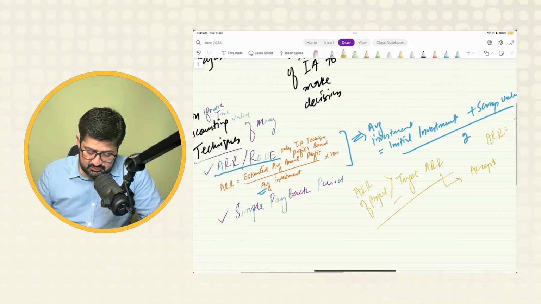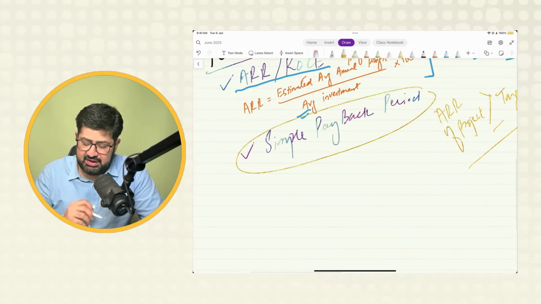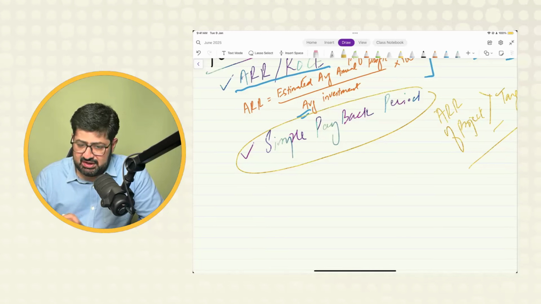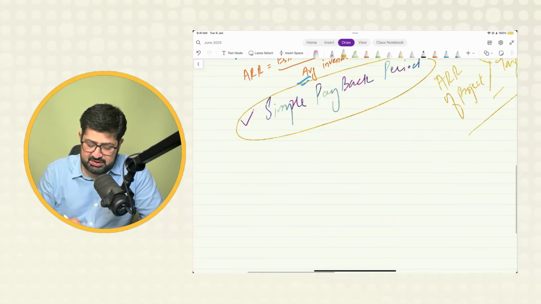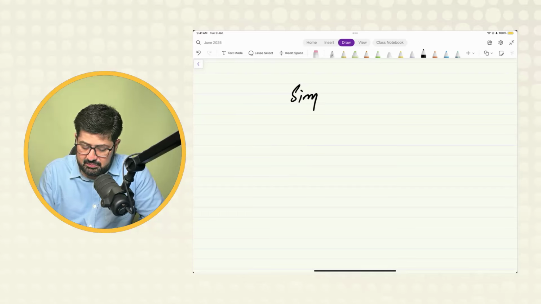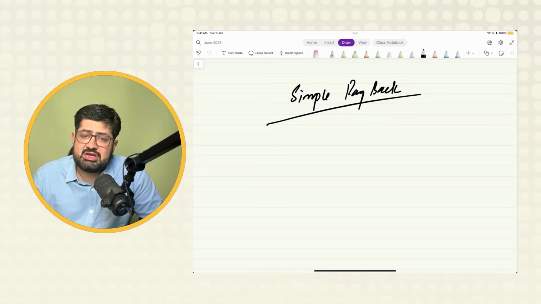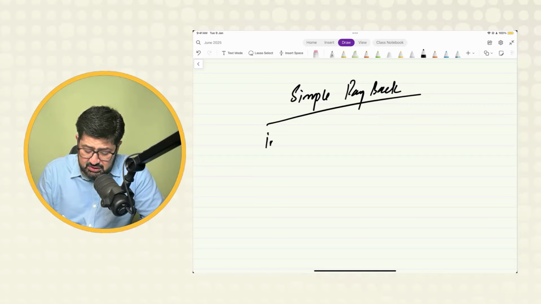Now, the second is the simple payback period method. Simple payback talks about how much time it takes for the initial investment of the project to be recovered.